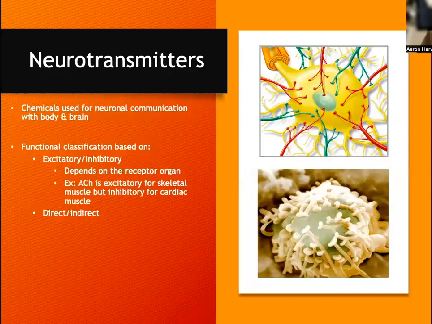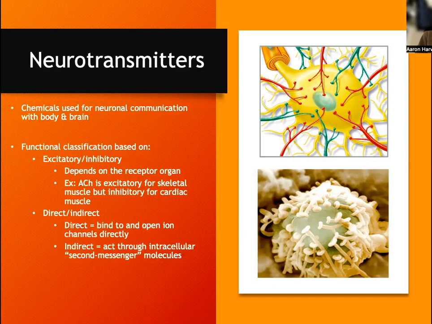So we get to talk a little bit through neurotransmitters as well here. Neurotransmitters are chemicals used for neuronal communication between the body and the brain. They have functional classifications based on whether they are excitatory or inhibitory, and direct or indirect. With the excitatory, it depends all on the receptor organ.